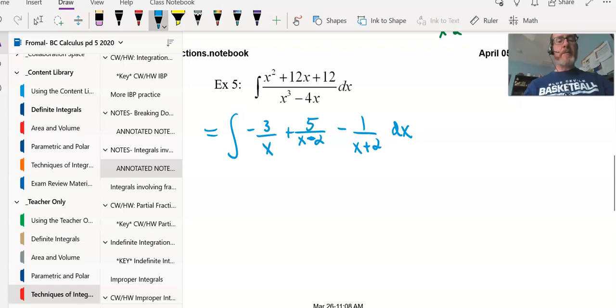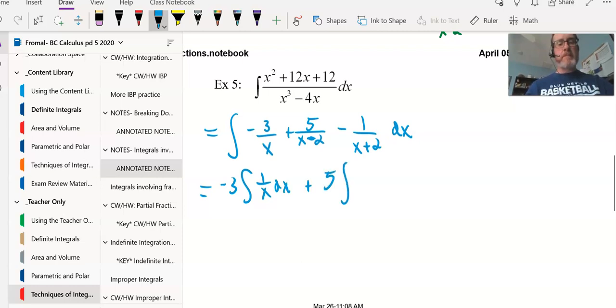But again, we have our three different fractions, and we're going to use a similar technique as the last one. Break each one down separately. And each of these, again, looks like it's of the form 1 over u.